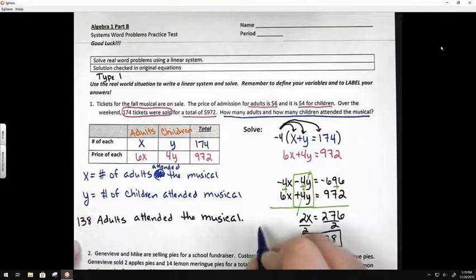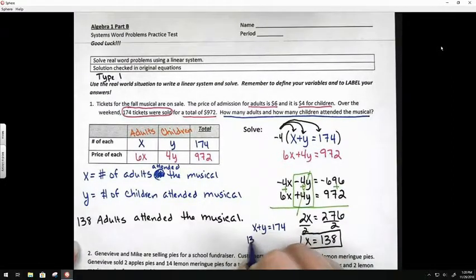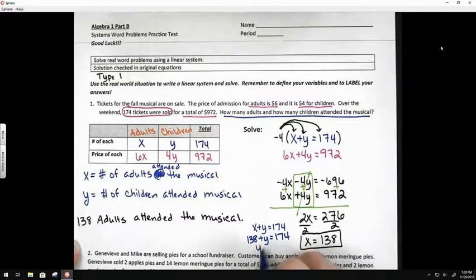We know that x is 138, so I'm going to substitute that x in. Hopefully you can see we have to subtract 138 from both sides. And so we get that y equals 36.